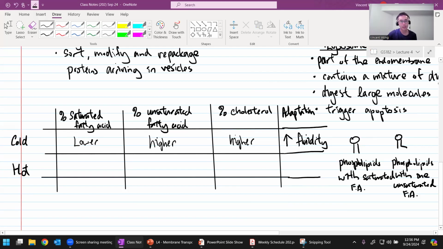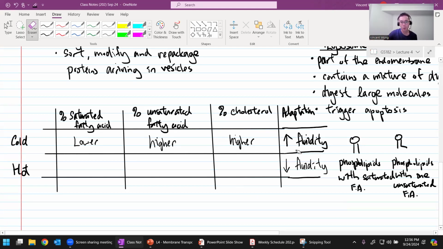In a hot environment, the adaptation we want is lower fluidity, less fluid. Because if it's hot, everything is going to be moving faster. They're going to be melting a little bit, so we don't want it to melt so much. If the cell membrane is very liquid, then everything leaks out of the cell and things come into the cell, and we don't want that kind of unregulated movement.